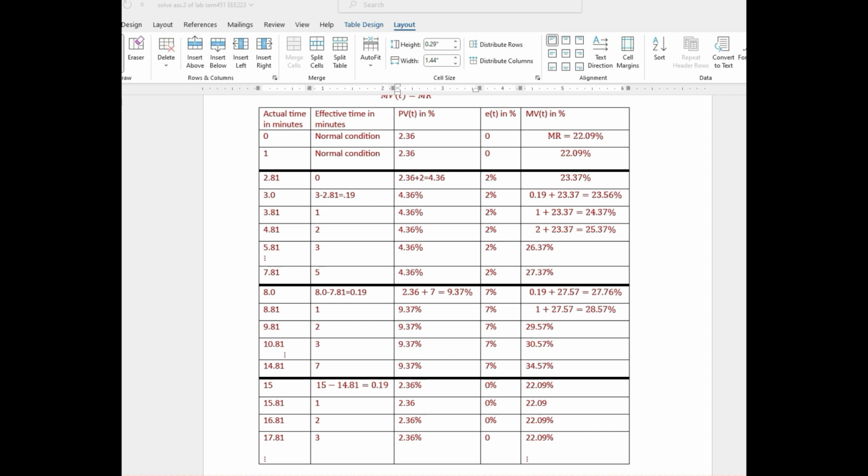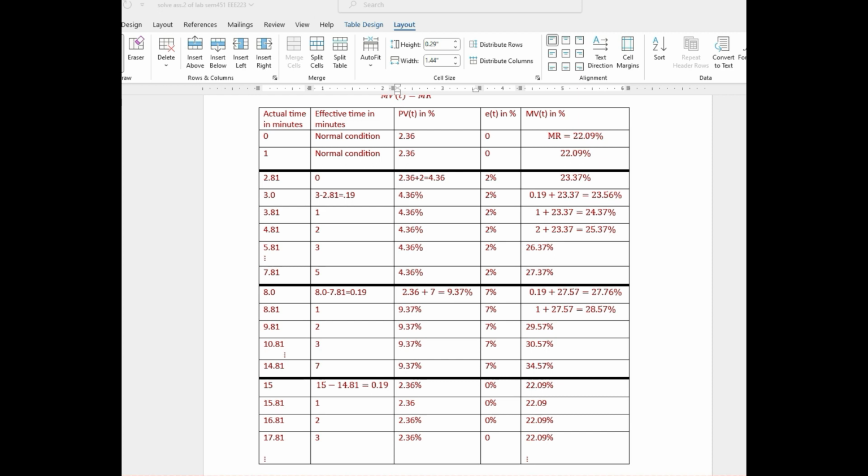Now let's go to the effective time here. Before the time 2.81 minutes, everything was in normal conditions. So my BV is 2.36, which is my initial BV, and the error is 0. There is no error, and my MV equals the MR, which is 22.09%. After that, starting from 2.81, which we consider as zero effective time, we will face that BV is raised to 4.36.